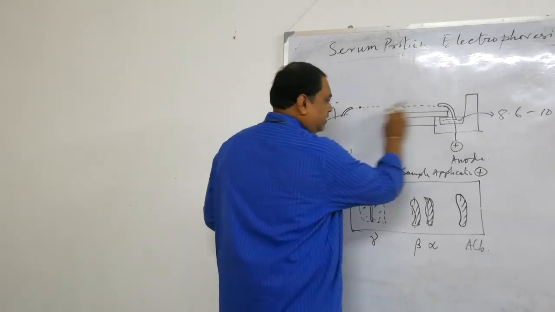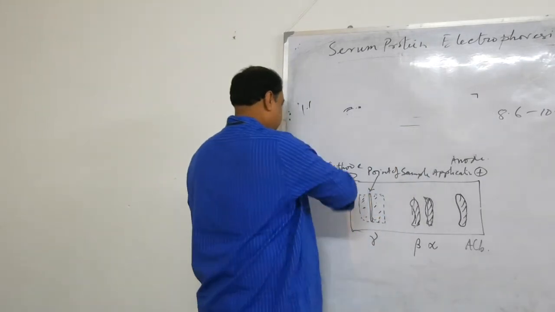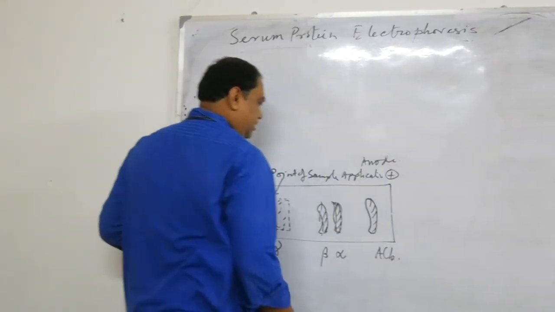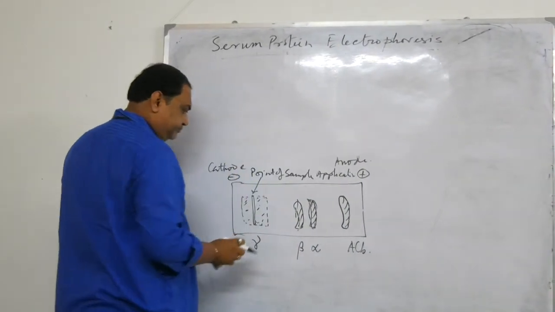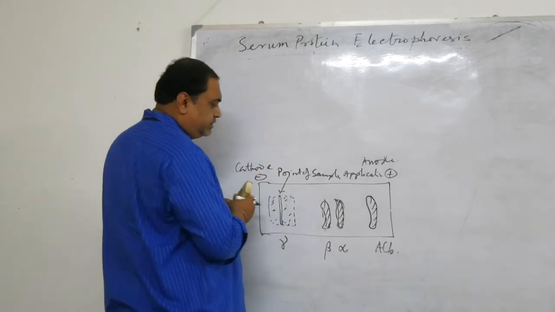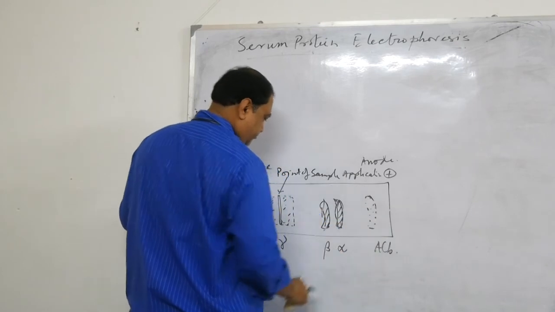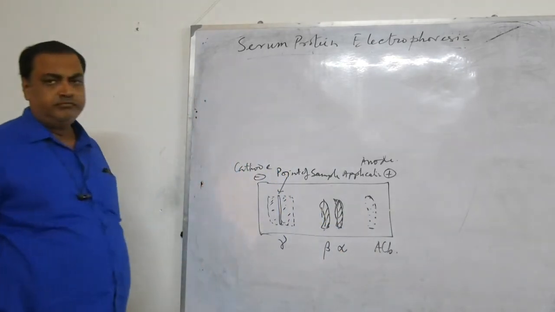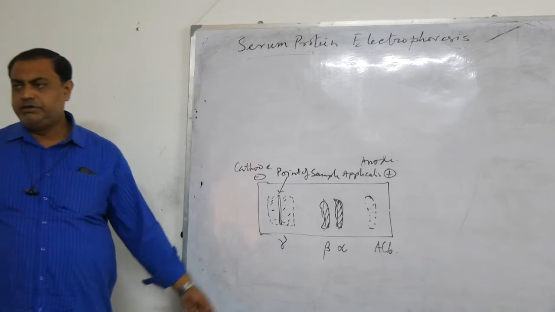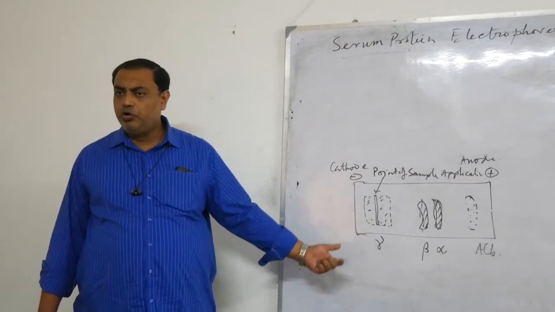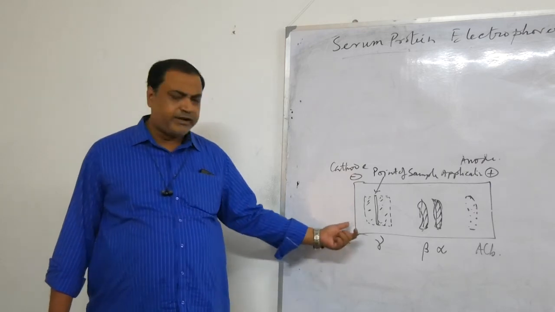Now, one by one, we will consider the disease conditions, the interpretation part of the whole thing. First thing you can say, what does it show? The amount of albumin is low, the rest are all fine.